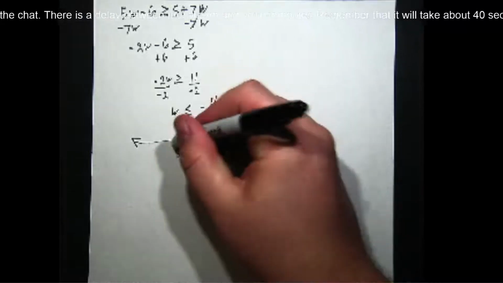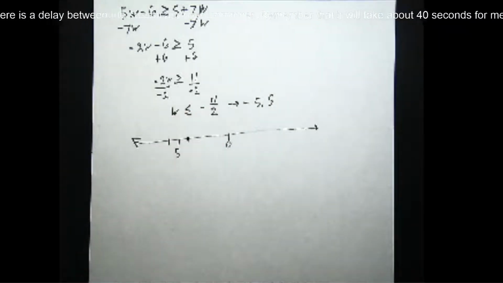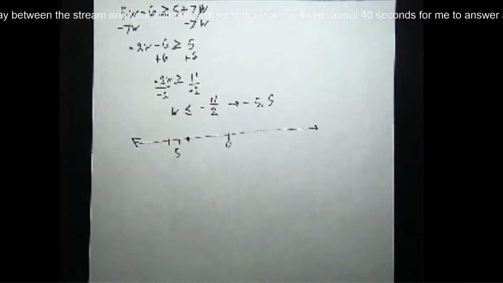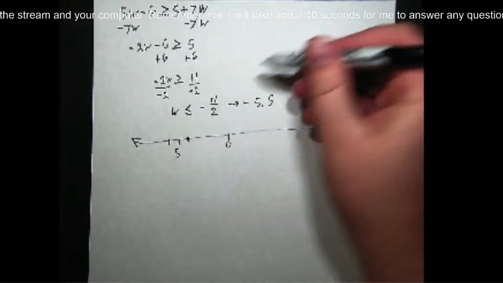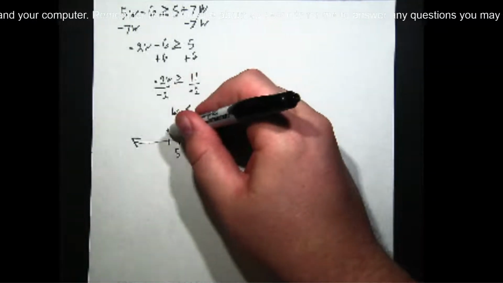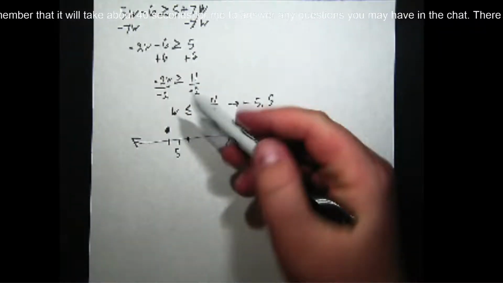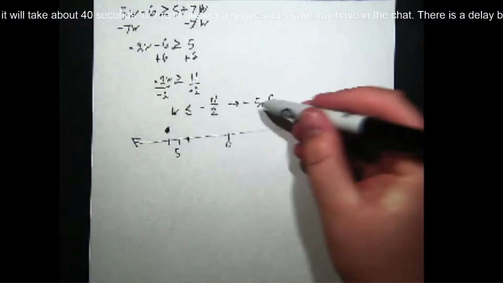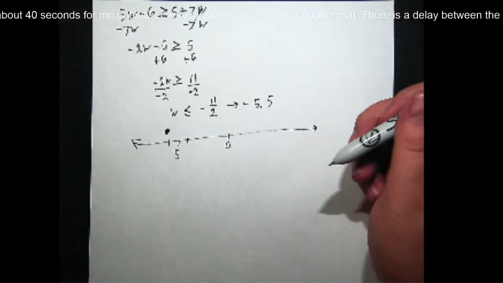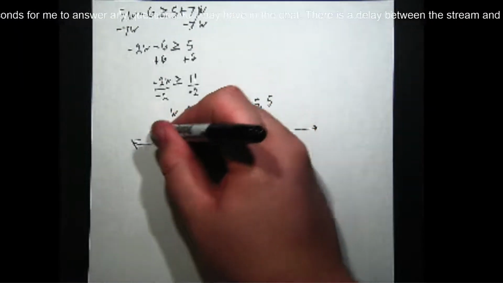Oh, whoops, it'd be farther than that, wouldn't it? 5.5 would be right there. So we can be equal to it, so we use a closed dot to show that. And w is everything less than or equal to negative 5.5, so everything less than or equal to that would be all that.